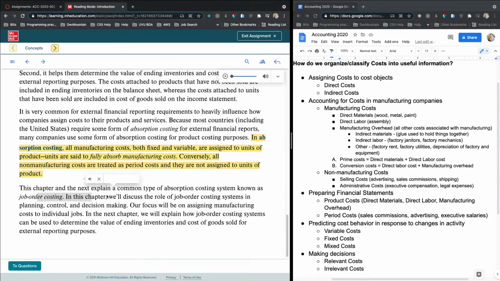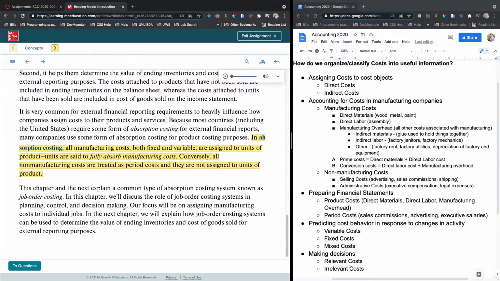This chapter and the next explain a common type of absorption costing known as job order costing. In this chapter, we'll discuss the role of job order costing systems in planning, control, and decision making. Our focus will be on assigning manufacturing costs to individual jobs. In the next chapter, we'll explain how job order costing systems can be used to determine the value of ending inventories and cost of goods sold for external reporting purposes.